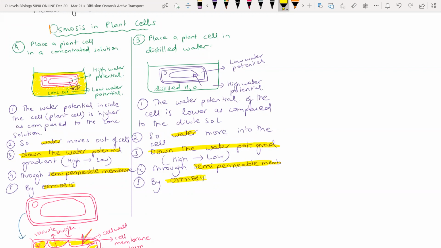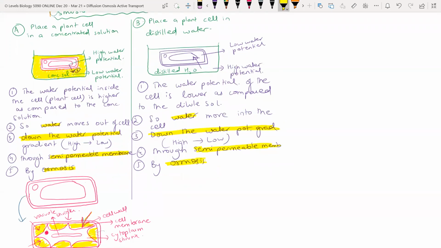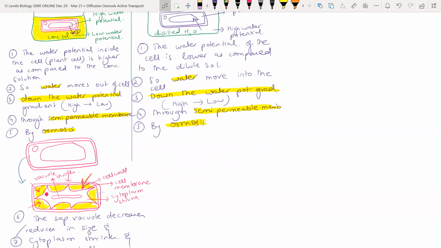Okay. Again, now we need to understand what will be the consequences in terms of the size, if you like, of the cell. Okay. So let me redraw that again with a purple color this time.